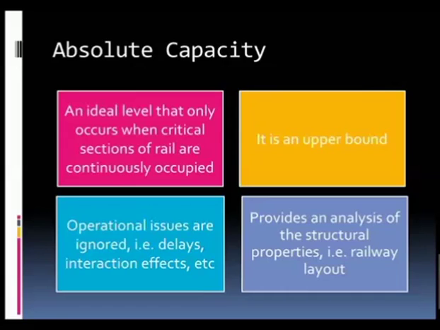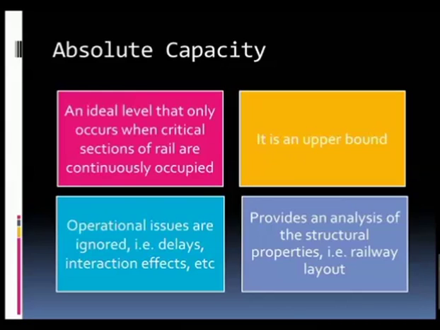You need a measure of operational capacity, and you need a measure of absolute capacity. And by comparing both of those, you can identify if you can improve the system or not. If your operational capacity is very close to your absolute capacity, then you know you're operating very well, and that the system cannot be improved by changing some operational factors.